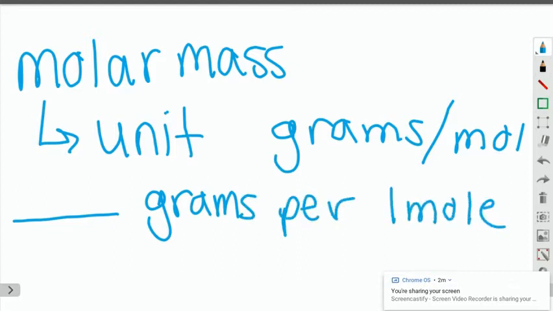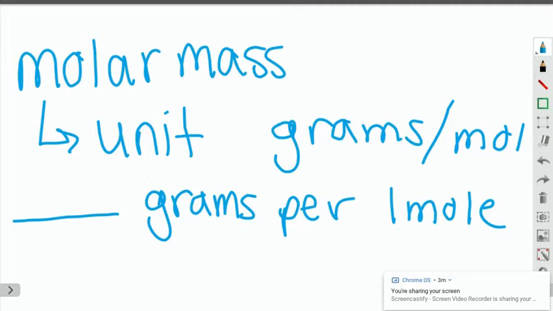This is similar to something you see when driving a car. The speed limit is a certain amount of speed, miles per hour. So it's miles per 1 hour. Every time you've been writing grams per mole, that really means that many grams of that compound or molecule per 1 mole.